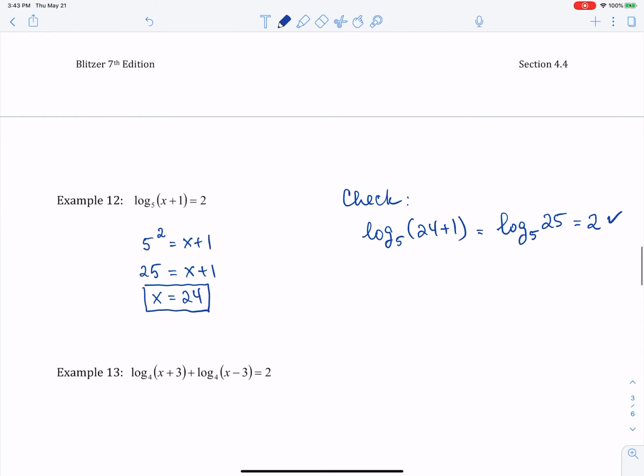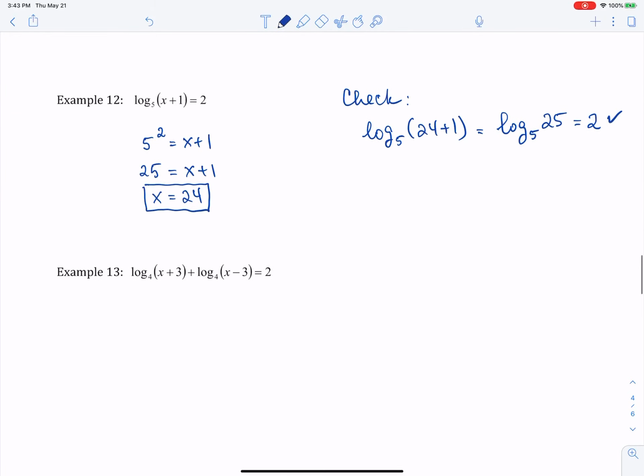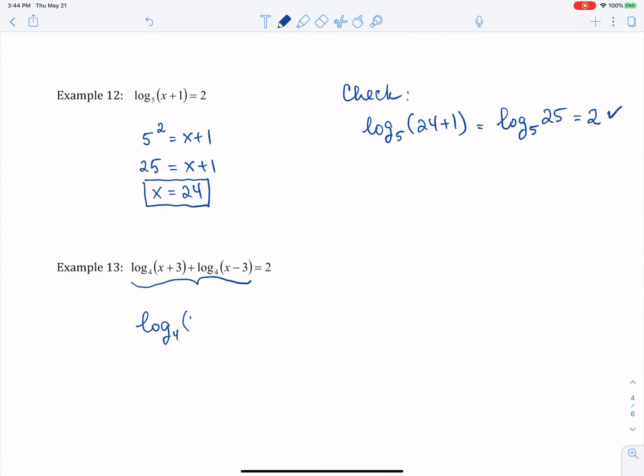Now for example 13, I cannot proceed until I use the product property of logarithms. I need to combine those two logarithms into a single one, and we do that by going logarithm base 4 of the product of the functions that are inside the logarithms.